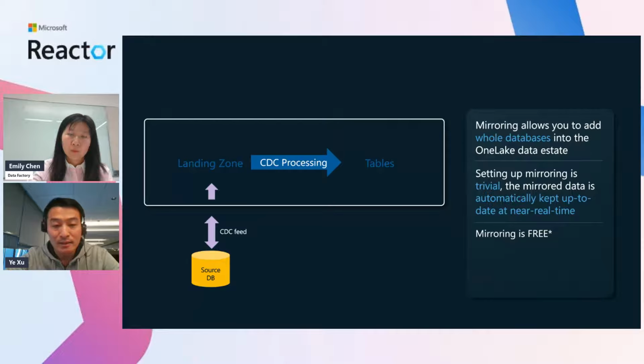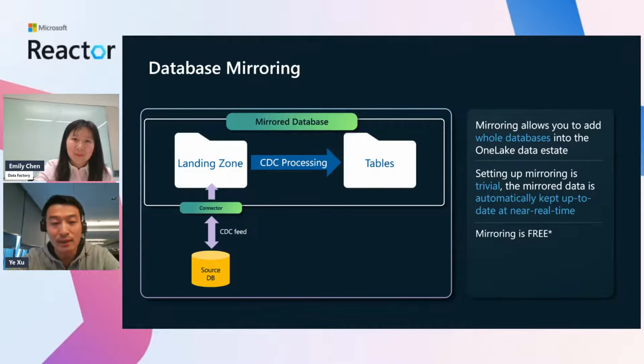So it's going to be super easy for you to set up mirroring, just turnkey, right? And the mirrored data is automatically kept up to date in a near real-time manner. And the last thing, which is more important to you, is that database mirroring is free for you. So far, we already support database mirroring for Snowflake, SQL DB, SQL MI, and Cosmos DB.